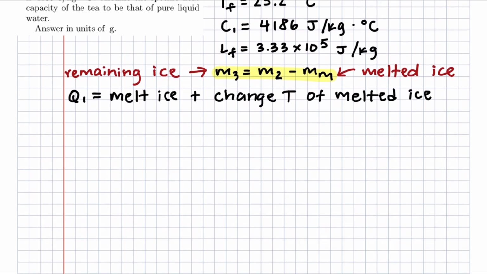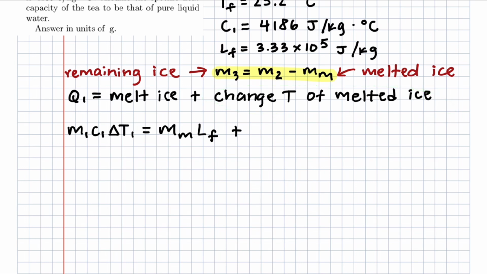Q1 is simple. Melt ice, so we know that's mass of the melted ice times the latent heat of fusion. And then this one, change temperature. Well, we know that you have a change in temperature by means of energy exchange.